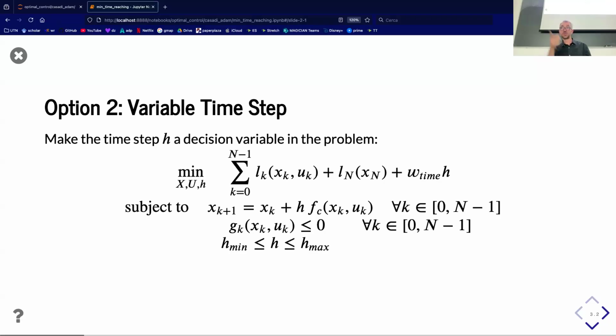Increase n. You increase n, because if you increase n, that's going to decrease h. But then the computation time is going to be larger. But this is something that you solve offline. It's not an MPC, so you don't care too much about it.